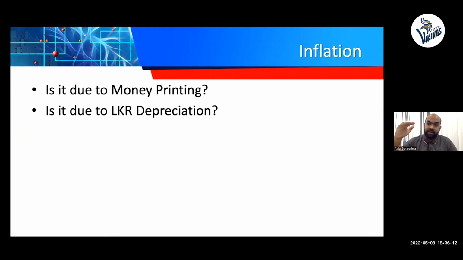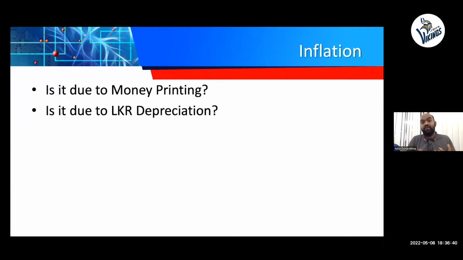When they floated it, now you can see it's in the 375 range officially, but it's still depreciating, and the black market operates somewhere around 400 rupees for a dollar. That shows the real value of the rupee. The reason it went to that level is that we have been maintaining a deficit in our imports and exports, and there were no plans to improve.